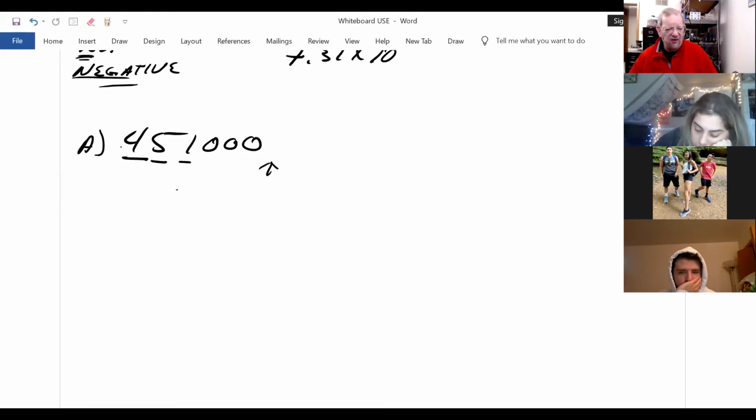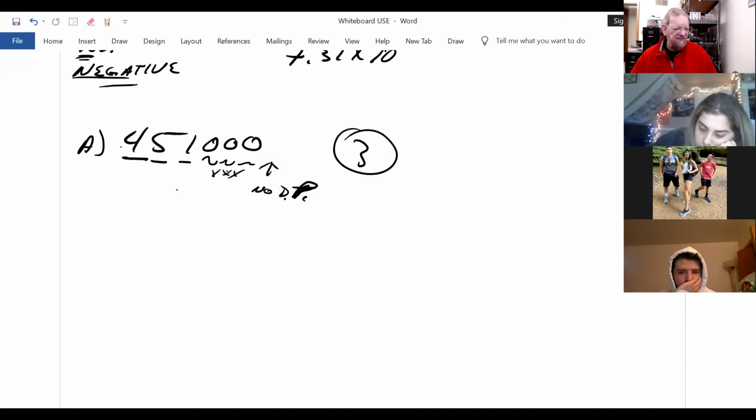Notice no decimal point. Oh, I just made up a new abbreviation, DT, decimal. No, I was right the first time, DP, decimal point. And zeros at the end with no decimal are not significant. So this would have 3 significant figures.